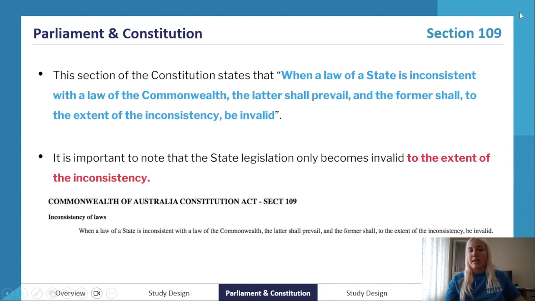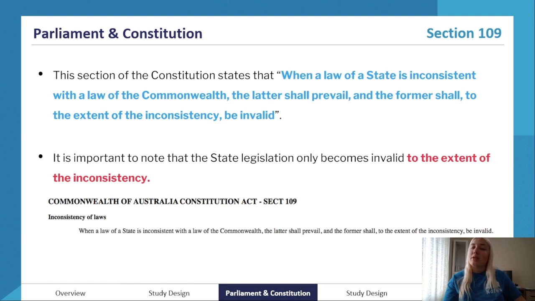When a law of a state is inconsistent with a law of the Commonwealth, so they are clashing, the latter shall prevail, and the former shall, to the extent of the inconsistency, be invalid. So this is saying that when a law of a state is inconsistent with the law of the Commonwealth, Commonwealth law will continue to operate. Because it makes perfect sense that Commonwealth law should be superior over state level law.